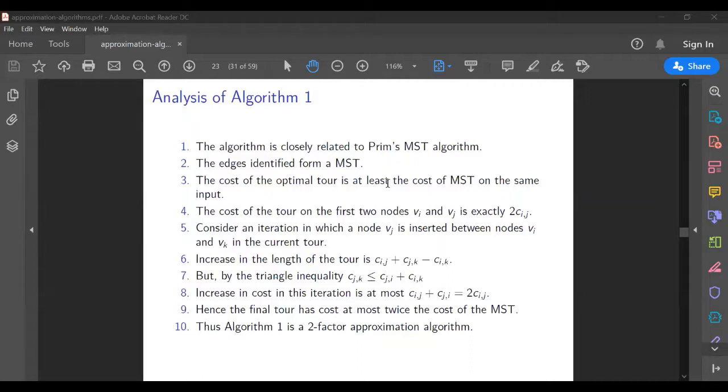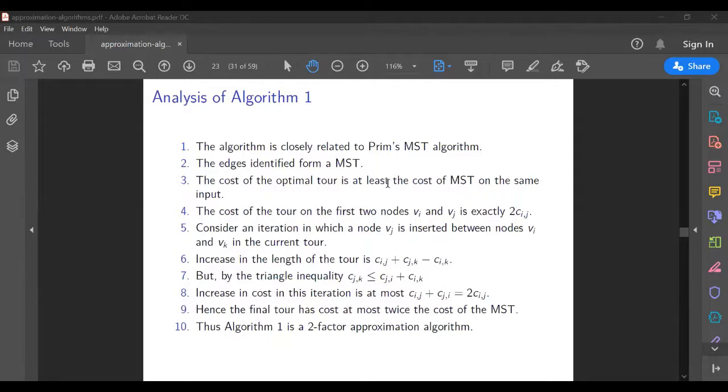Now we have an iteration where Vk is inserted in between Vi and Vj in the current tour. That means I'm going to increase it by one more node being added. So Cij plus Cjk minus Cik, because that visit I need not have, so I can remove it. And I always assume the triangle inequality, that is Cjk is less than or equal to Cji plus Cik.